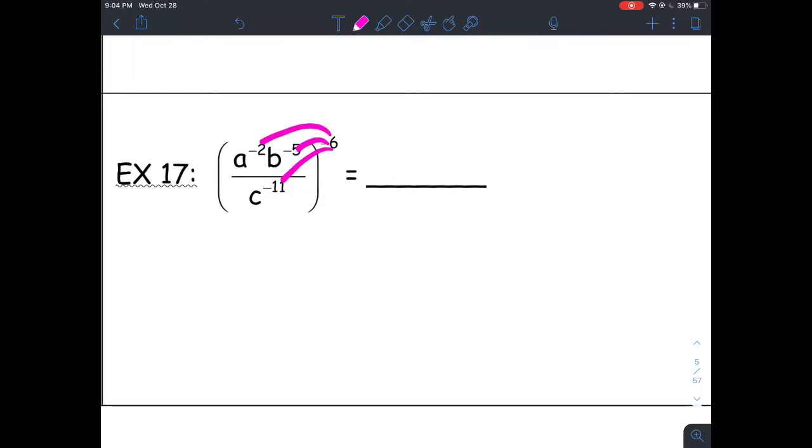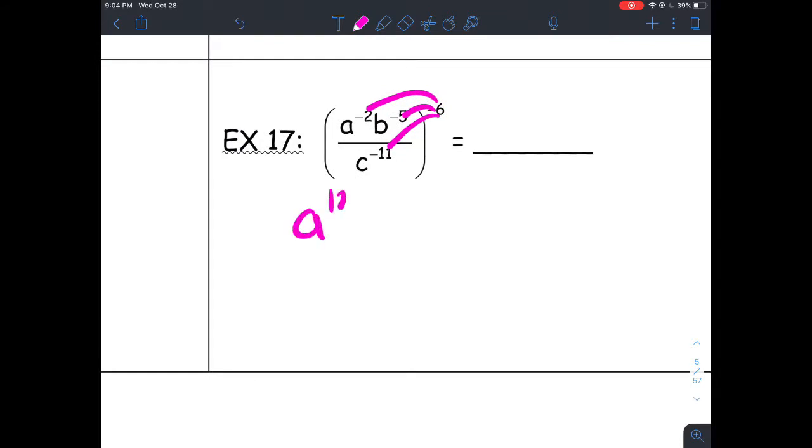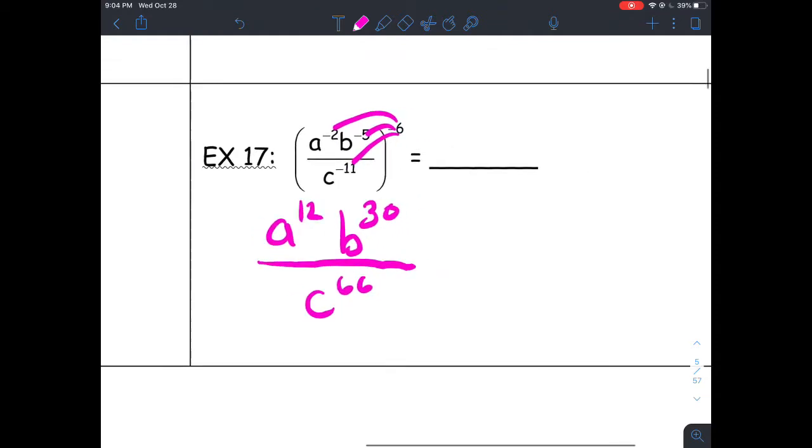Now let's distribute this negative 6. So we end up with a to the 12th, b to the 30th, and c to the 66th. Notice how these are all positive powers, so we're good to go. We just get a to the 12th, b to the 30th, and c to the 66th.